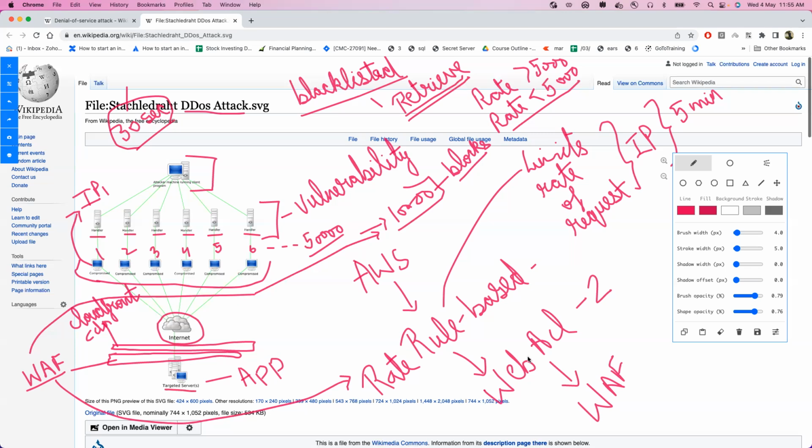So if you are not happy with this 10,000 limit, you can use the nested statement. You can directly implement the nested statement.